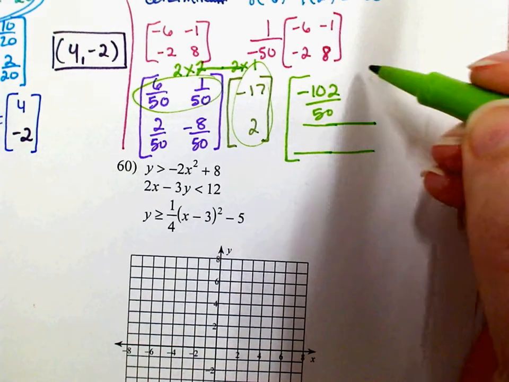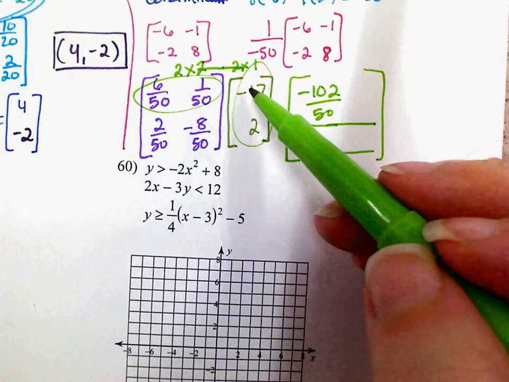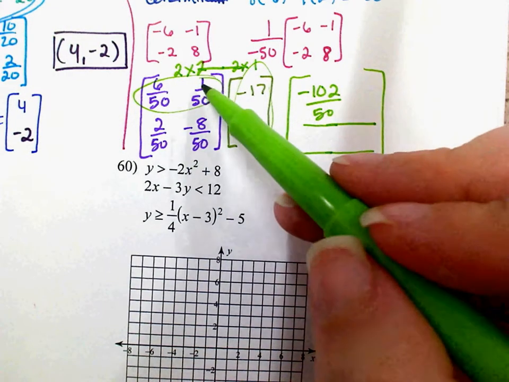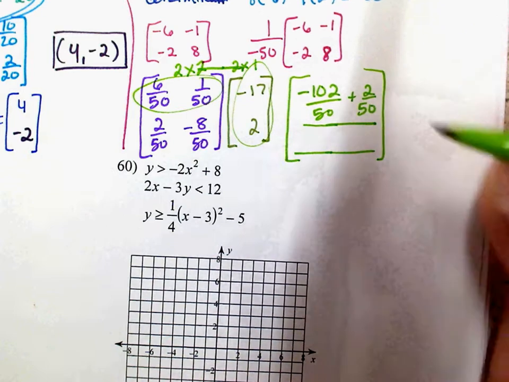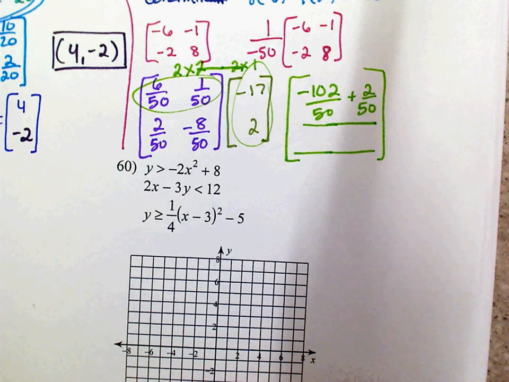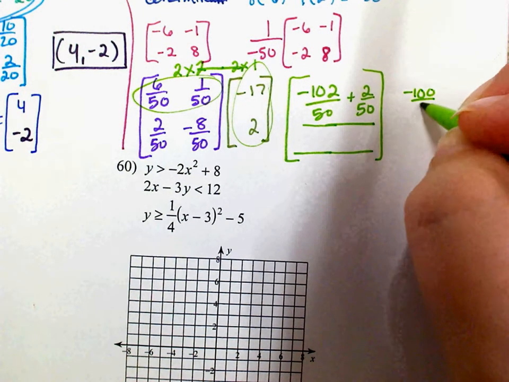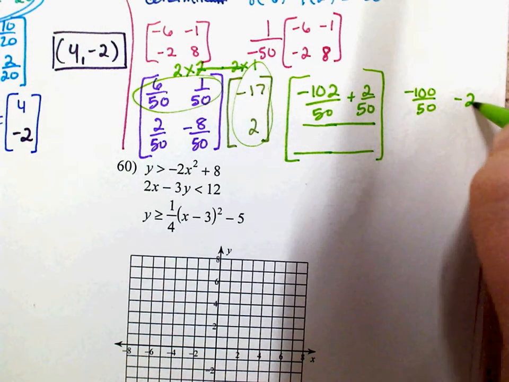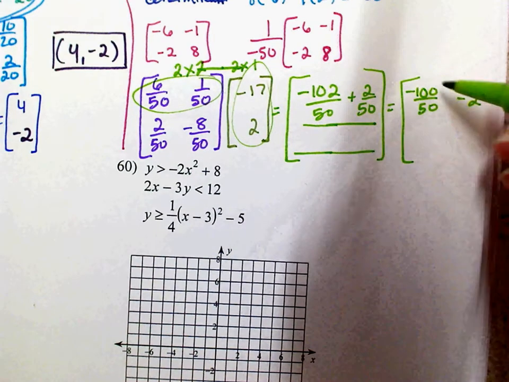I don't leave myself much space, but oh well. So 6/50ths times negative 17 is negative 102/50ths. And then 1/50th times 2 is 2/50ths. What's negative 102 plus 2? Negative 100. What is negative 100 divided by 50? Negative 2. So I already know that my x value is negative 2.